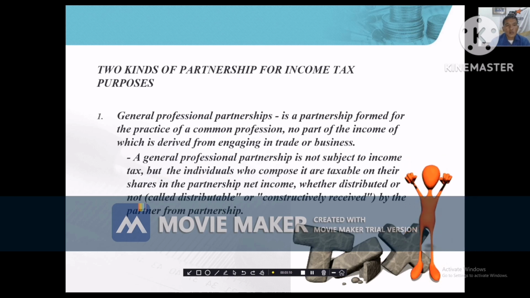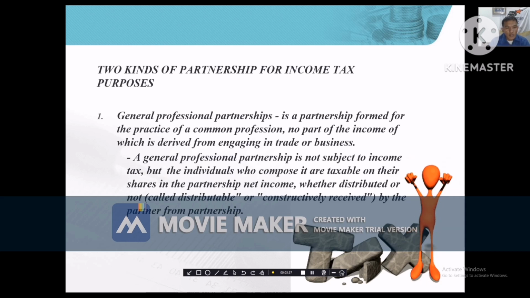Okay? A general professional partnership is not subject to income tax, but the individuals who compose it are taxable on their shares in the partnership net income, whether distributed or not, called distributable or constructively received by the partner from the partnership. Okay? Ang general professional partnership ay hindi napapailalim sa buwis sa kita.